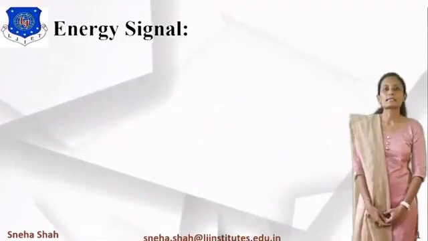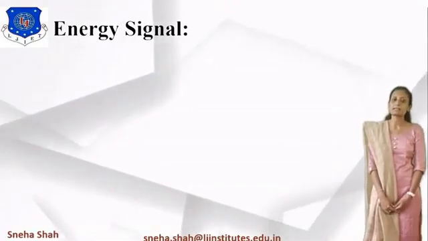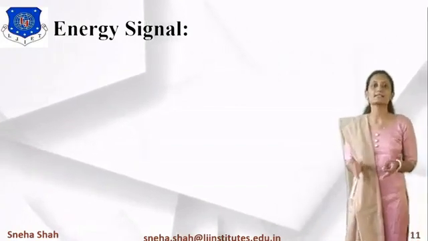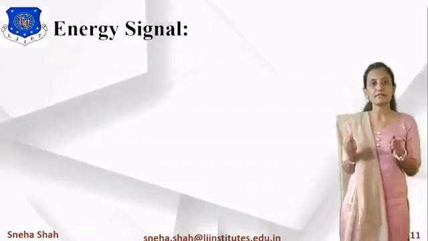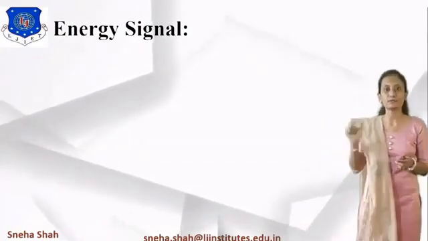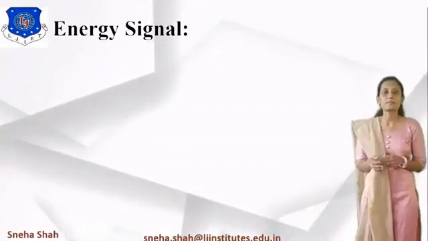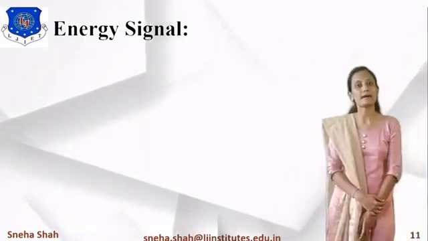Now the next type of signal is the energy signal. What is an energy signal? An energy signal is one kind of signal whose total normalized energy is finite and non-zero. It means if we find the energy of the signal and it lies between 0 and infinity, then it is known as an energy signal. And if the power of the signal lies between 0 and infinity, then it is known as a power signal.